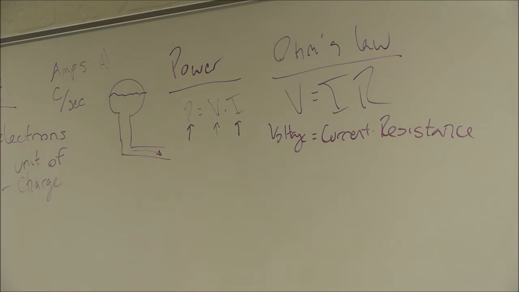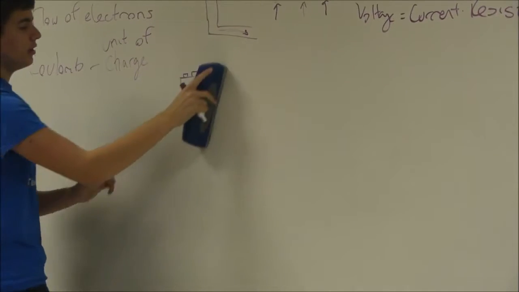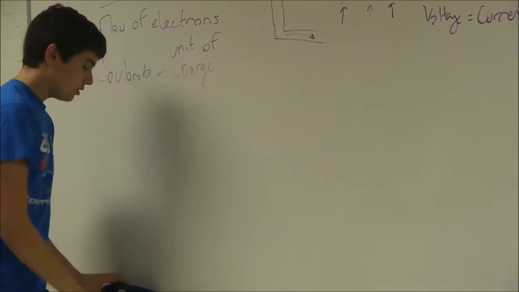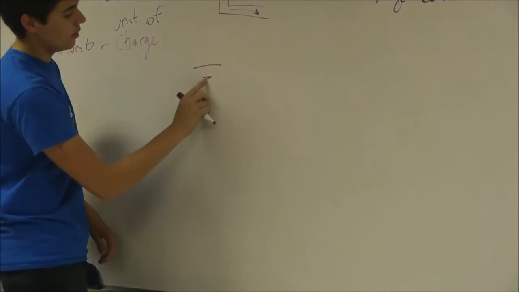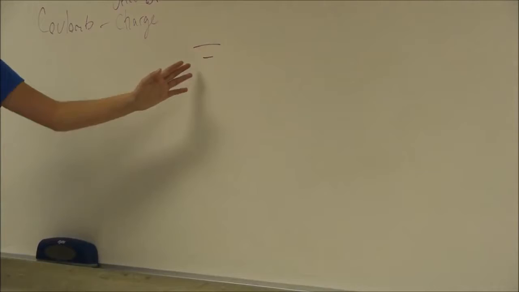let's take a very basic circuit. So we've got our battery. Actually, I'll introduce you to some of the symbols. This is a symbol for a battery in a circuit. This long line followed by the short line.